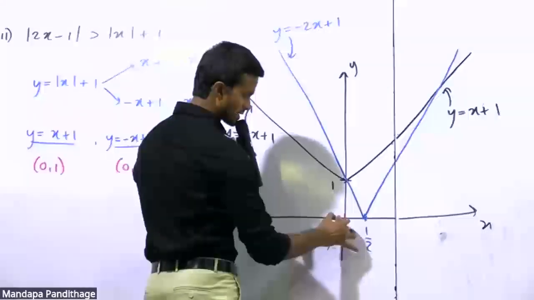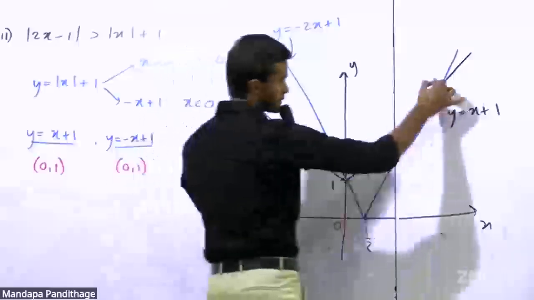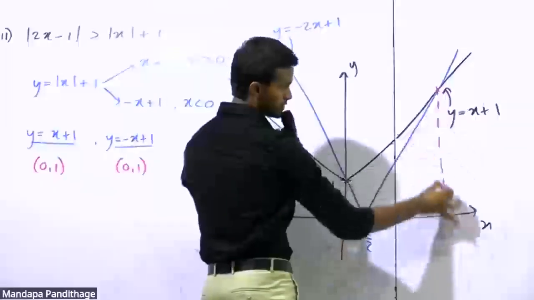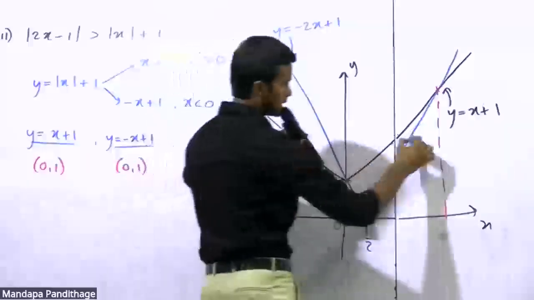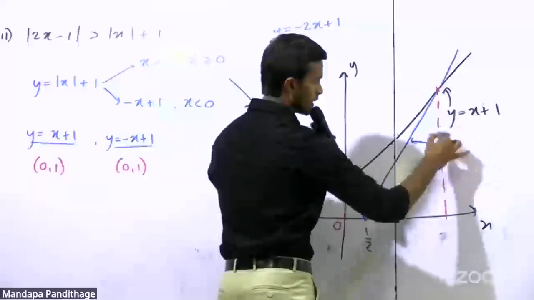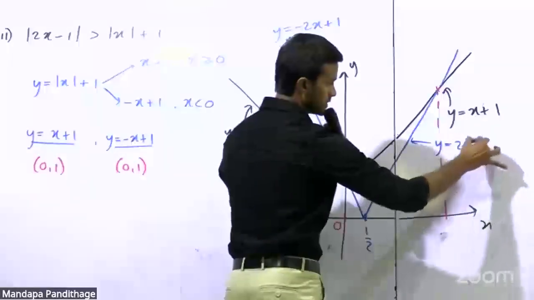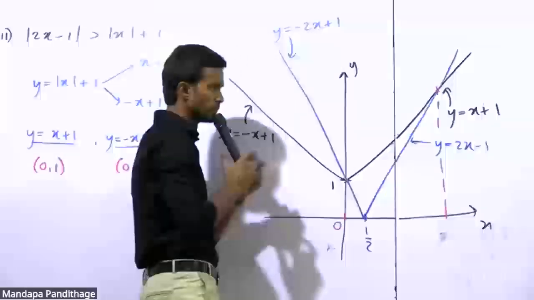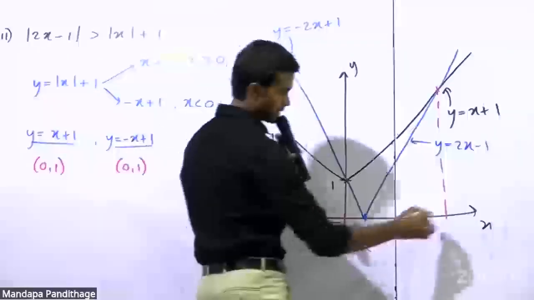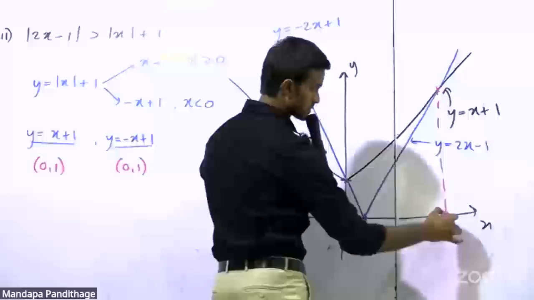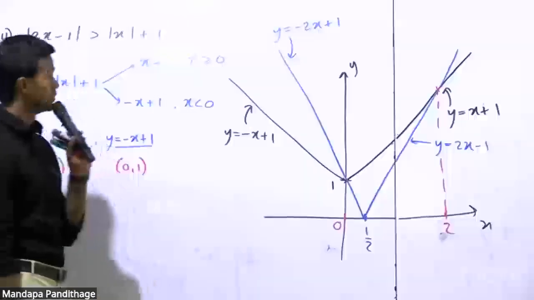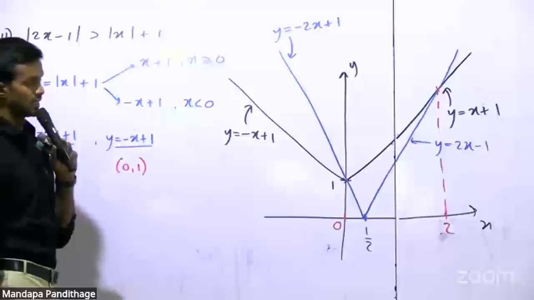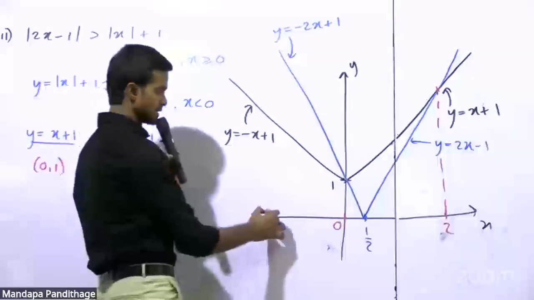So for this intersection point, write the equations: y equals 2x minus 1, and so x equals 2, no? You get the intersection point at x equals 2. Then look at the inequality. The blue colored one should be greater. The blue colored one is greater in this region.